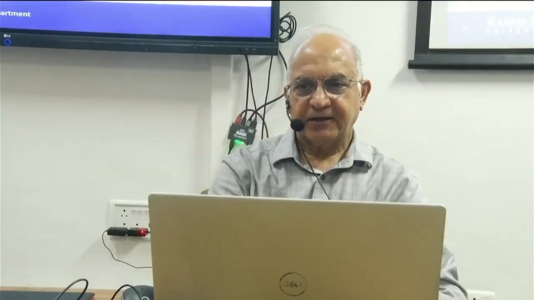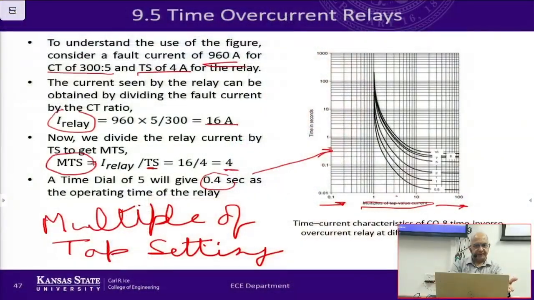So basically, this is a simple application of using the graphs to find the time of operation of a relay, given its settings. Similarly, for a different current, you can do a similar calculation. If the current happens to be higher than this, you can do that.